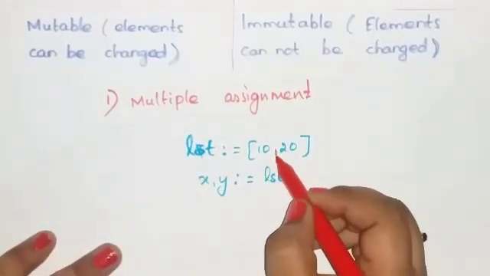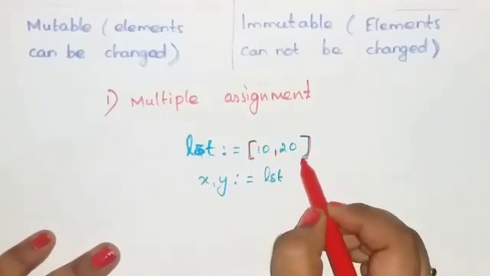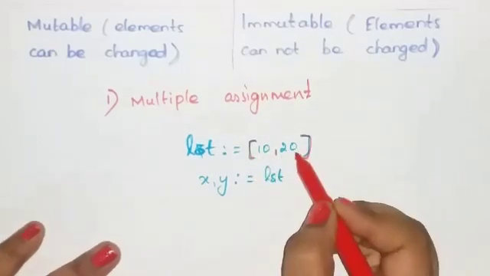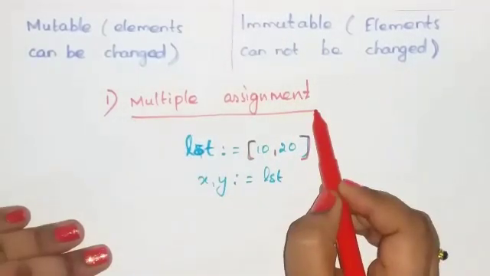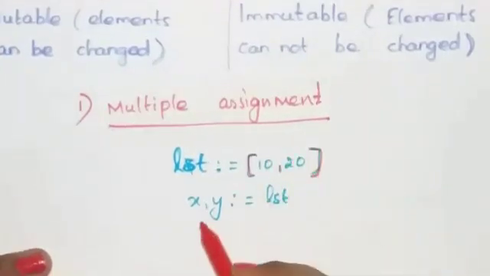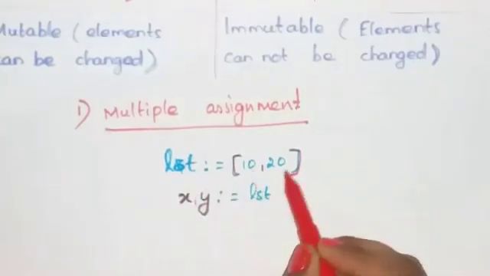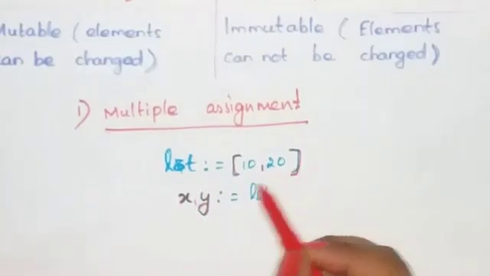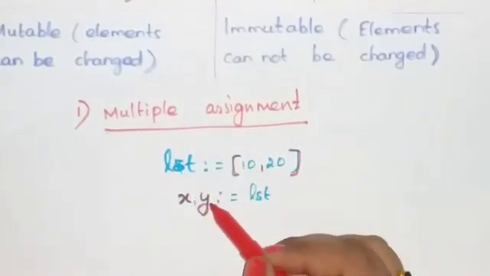These elements are separated by comma and surrounded within square brackets. So this is called list. In the multiple assignment method, each element in a list is bound to a different name. That is, x becomes 10 and y becomes 20. Okay, 10 is assigned to x and 20 is assigned to y.